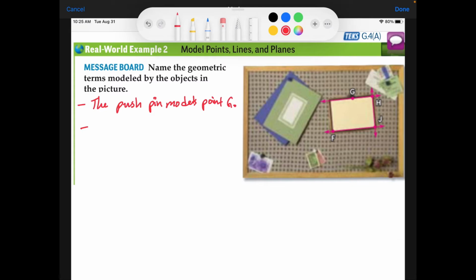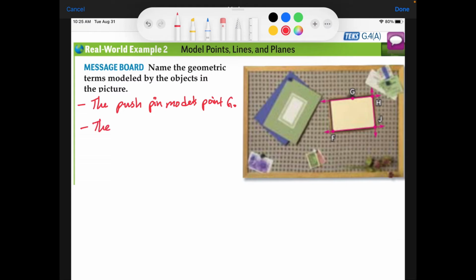The second thing we can see is that the maroon border on this card models a line. So all the way around this border, whatever this card is or whatnot, it resembles a line, right? Of course, it stops. It doesn't go on forever, but you get the idea.